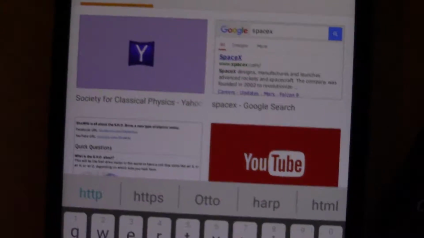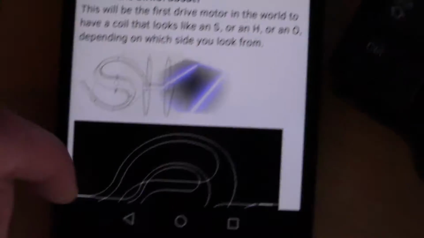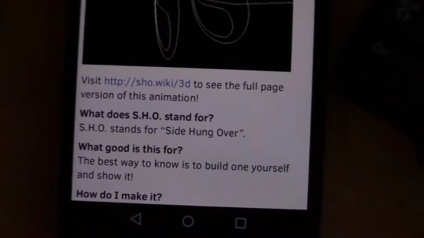Furthermore, I'm trying to figure out what exactly is the reason behind the mechanisms. On the SHO drive's wiki there is the animation. Visit SHO.WIKI/3D to see the full page version of that animation. But I already got that loaded up here.